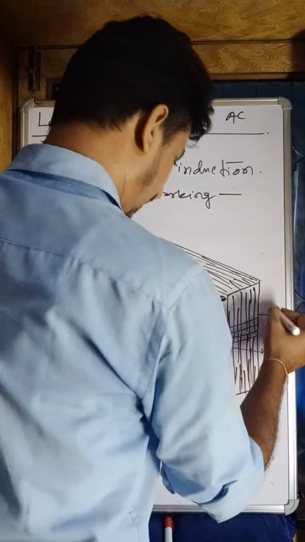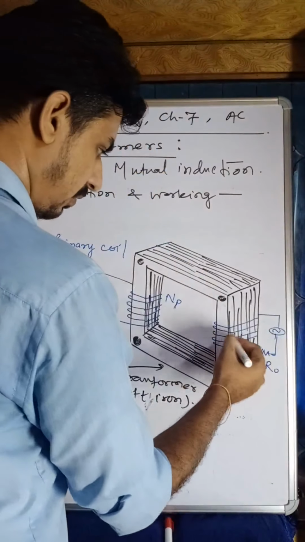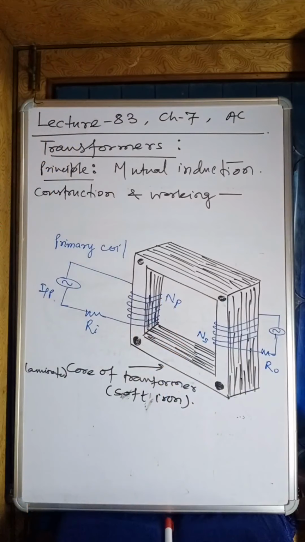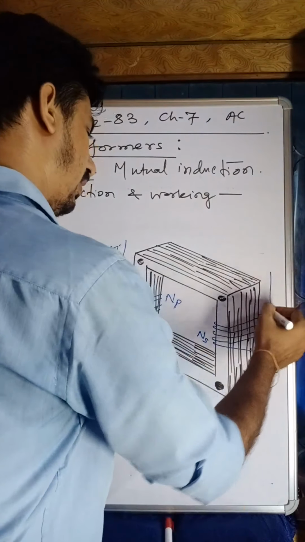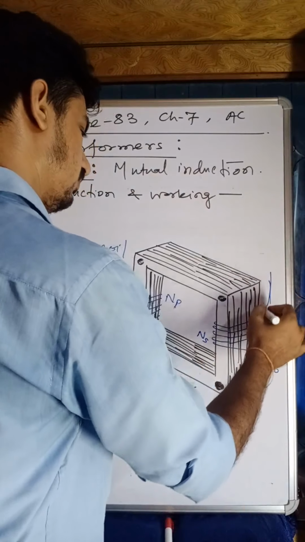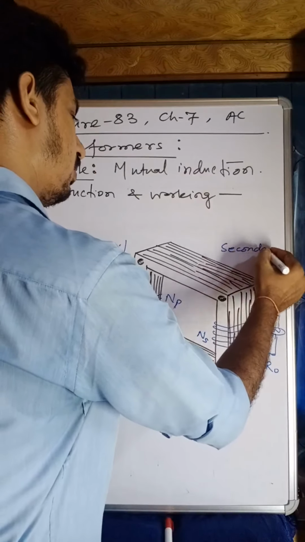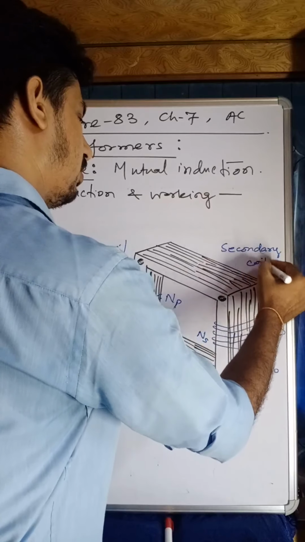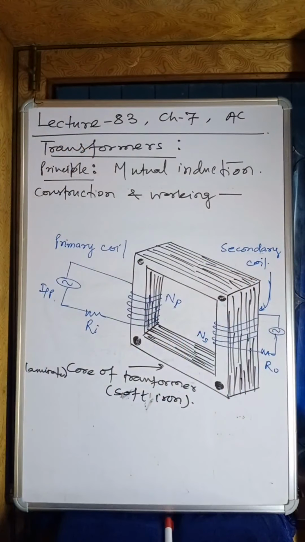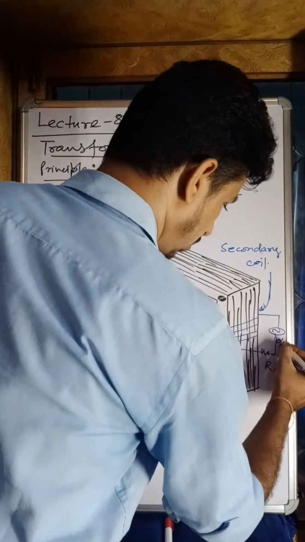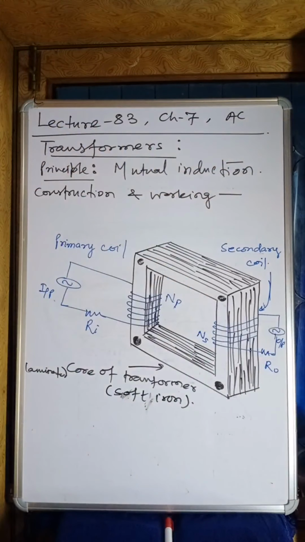And this is the secondary. This number of turns is called the turns of the secondary coil, NS, and this is called the secondary coil. Okay, my dear students, this is the structure, the input and output section. This is the vivid diagram of transformer.